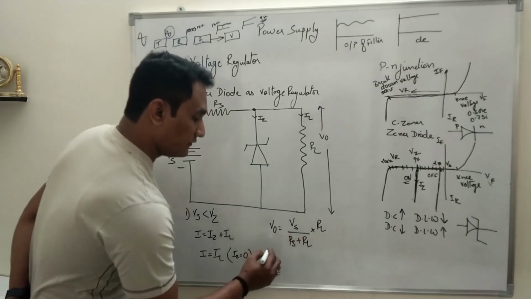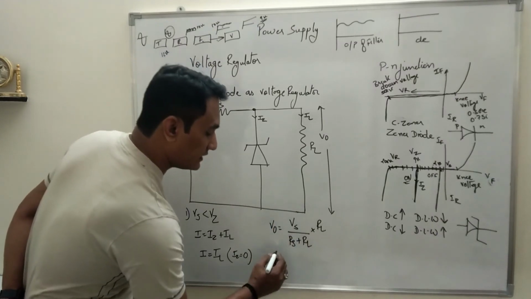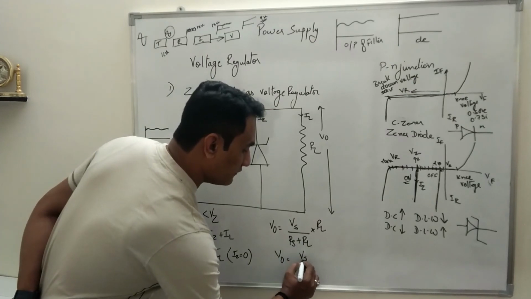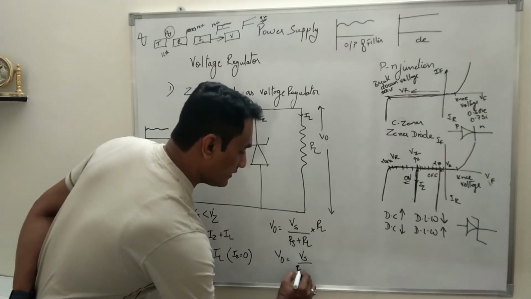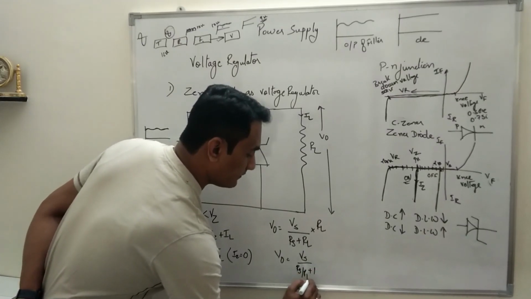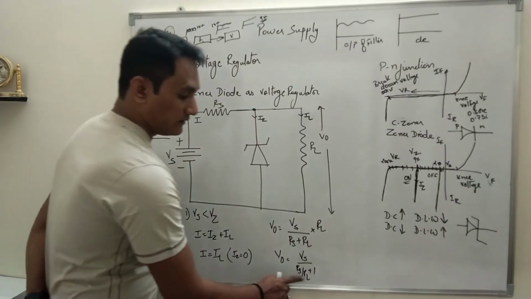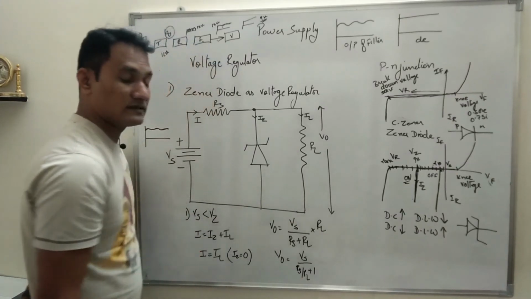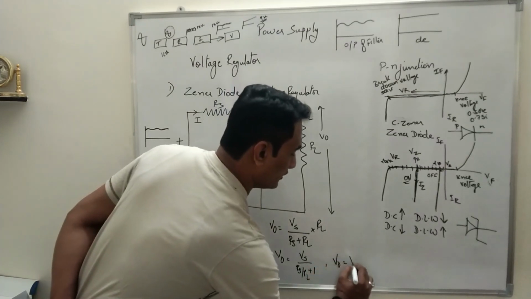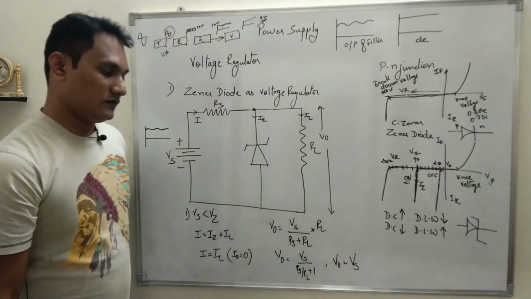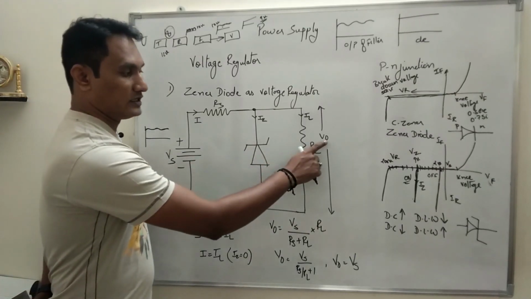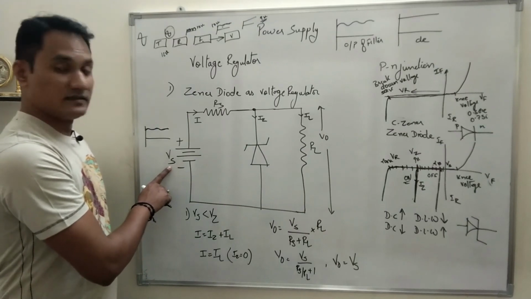If you divide the numerator and denominator by RL, the equation you get is Vs upon Rs upon RL plus 1. If RL is much greater than Rs, then Rs upon RL becomes negligible. So V0 is equal to Vs. That means the output voltage will be the same as the input voltage.